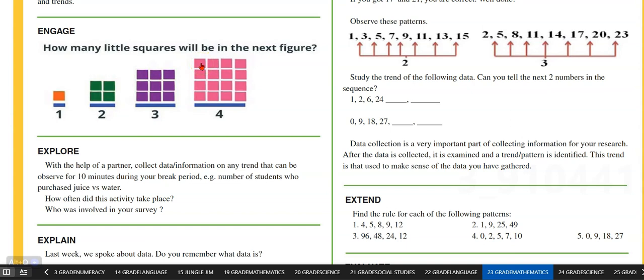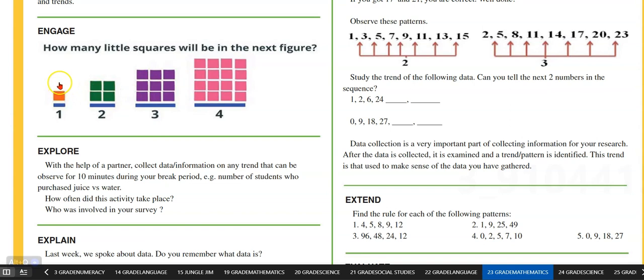So in the sequence, I have 1, then 4, then 9, then 16. What would come next? Now, one way to go about this is to look and observe what is happening to the numbers and between the numbers.